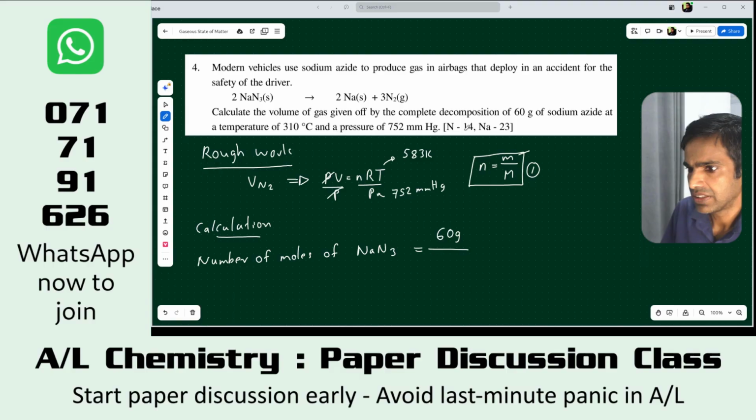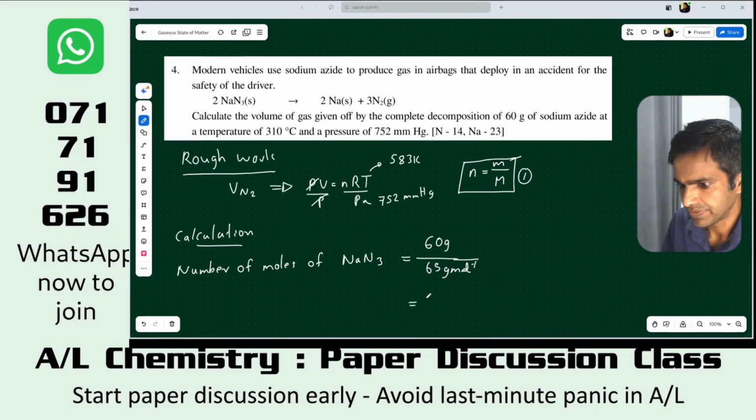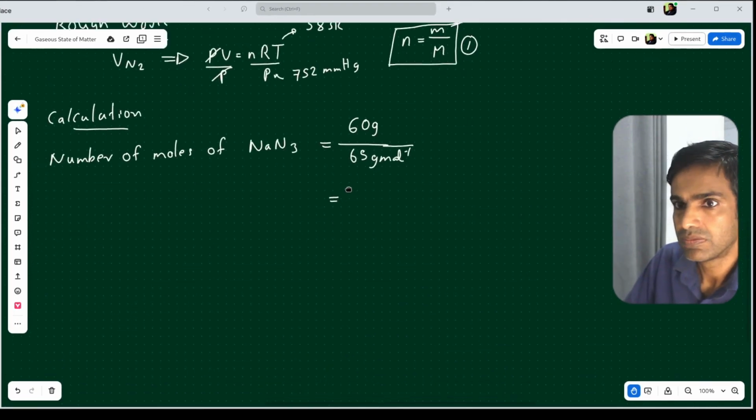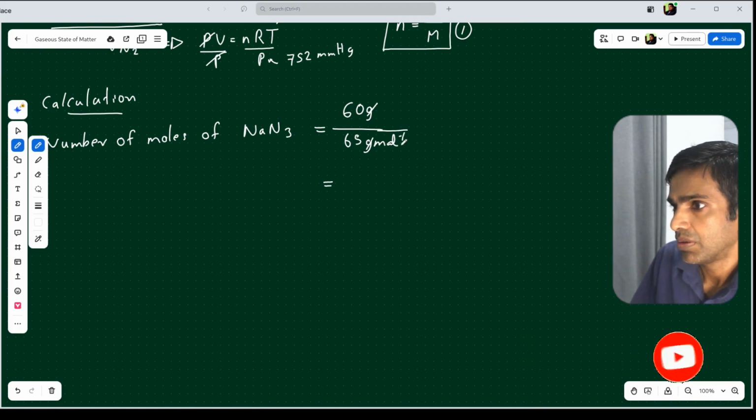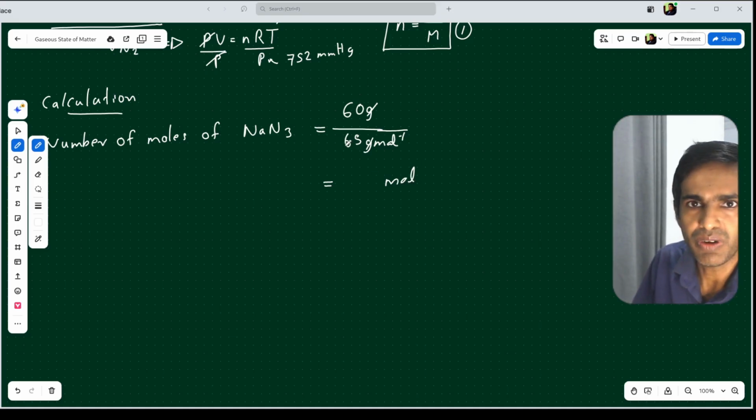Sodium 23, nitrogen 14, 3 nitrogen atoms are there, then 3 times 14, 42, 42 plus 23, 65 grams per mole. Always plug the values in with the relevant units. Grams cancels out, per mole in the denominator, then it is moles in the numerator, then 60 over 65.